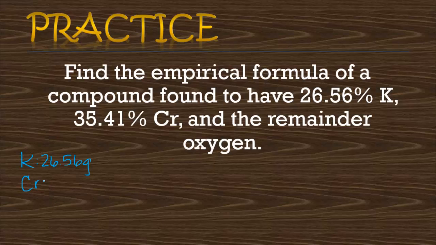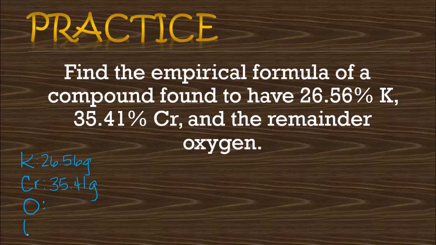For Cr, we have 35.41 grams. We can't forget that we have oxygen in this also. However, it doesn't give me a percent, but it does tell me that the remainder is oxygen. So if we have percents, all of our percents have to add up to 100.